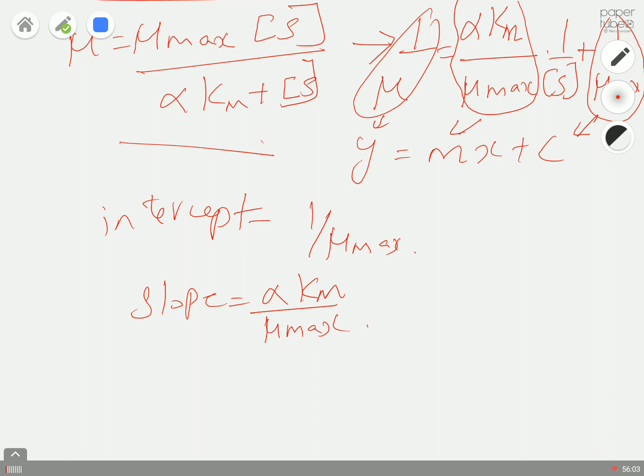So you can linearize the expression that describes how your initial velocity changes with your substrate concentration in the presence of a competitive inhibitor. You can do the same for an uncompetitive inhibitor.